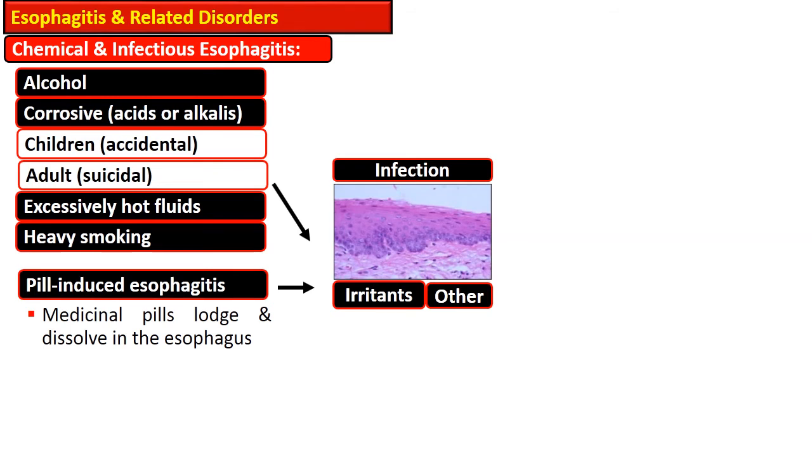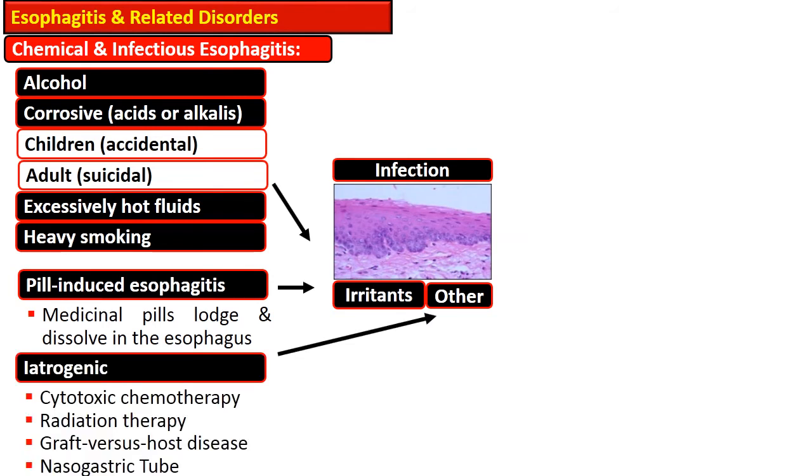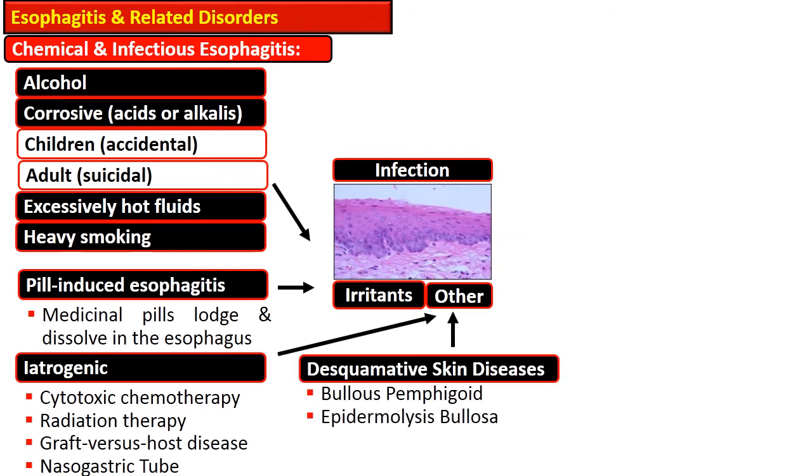Then there is another entity, pill-induced esophagitis. The medicinal pills lodge in the esophagus and dissolve there, resulting in local irritation. There are iatrogenic causes of insult to this squamous epithelium: cytotoxic chemotherapy, radiation therapy, and graft versus host disease.